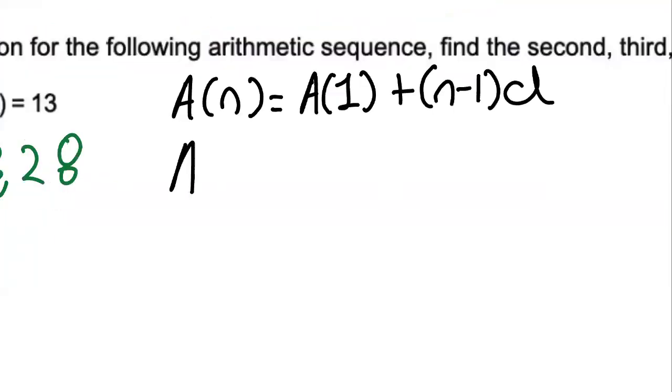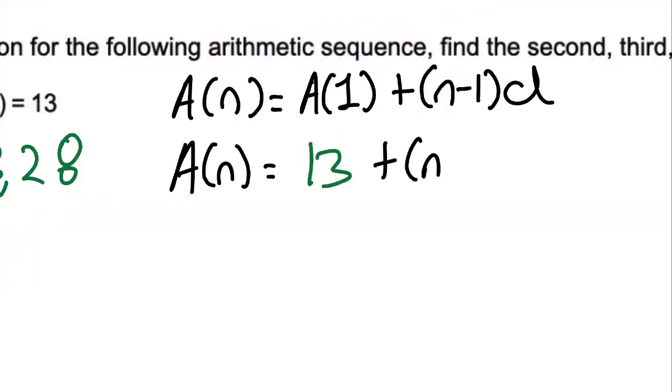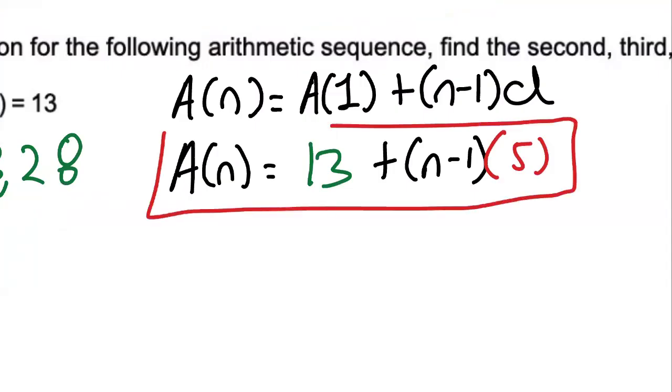Now, what's the first term in the sequence? 13, right? And what's the common difference? 5. So if you want, you could just get in the habit of just putting in parentheses. So this would be the last part of the explicit formula.